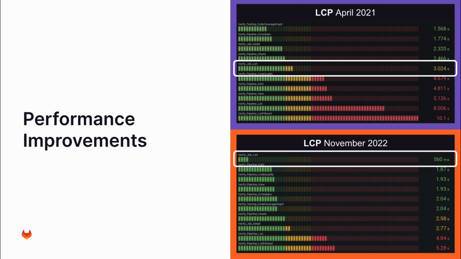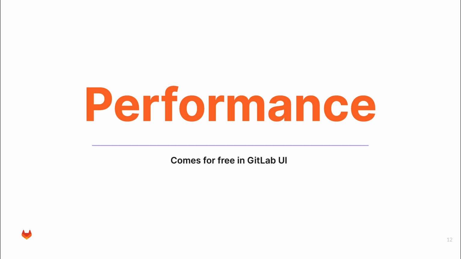A little over half a second, but half a second, right? It's about a 600% decrease in loading time. We could do this because, as you may guess, we migrated this page from a HAML view to using Vue and using GitLab UI. Because with GitLab UI, performance improvements come for free.